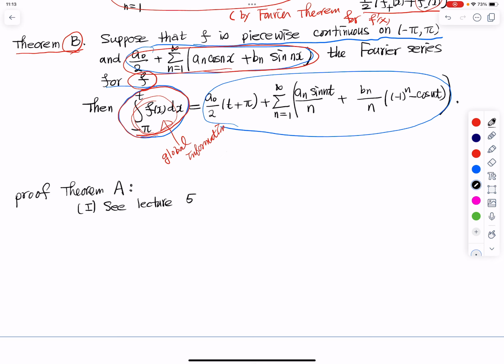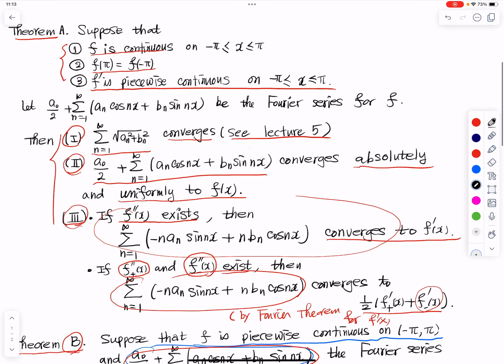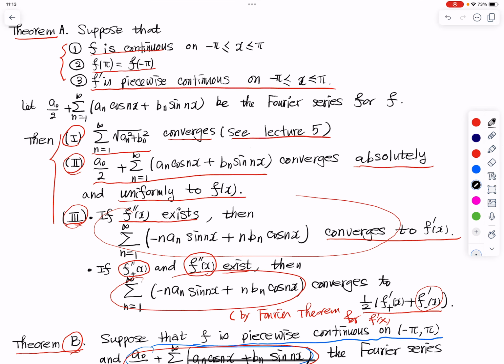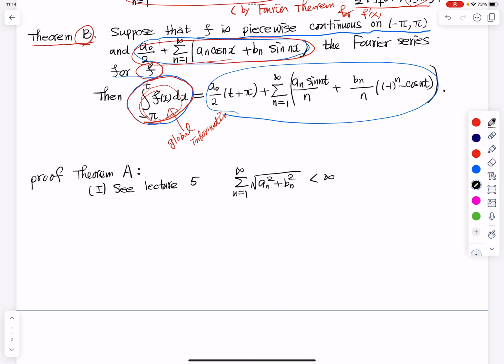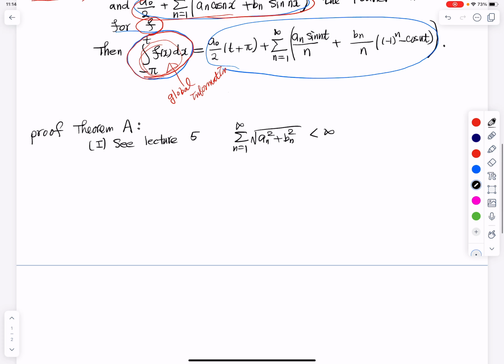The summation from n equals 1 to infinity of the square root of a_n squared plus b_n squared is finite. So remember what we used here: f prime is piecewise continuous. Then we used the Fourier series for f prime. So let me just rewrite it, because we need this one later.